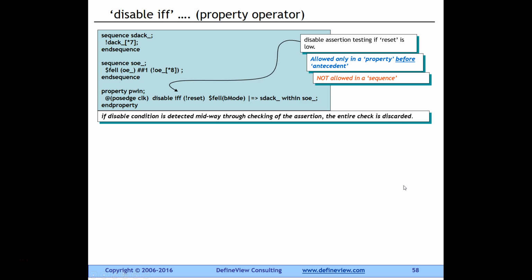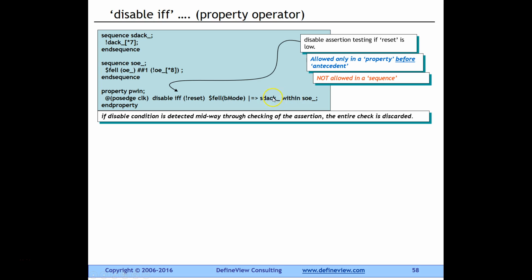Now let's see, so far I haven't shown you the disabling condition of an assertion. This is a sort of complex assertion, but we don't need to understand the complexity of it. The only thing we need to understand is that here's the antecedent $fell burst mode, which implies non-overlapping that the data act will remain asserted within the SOE sequence.